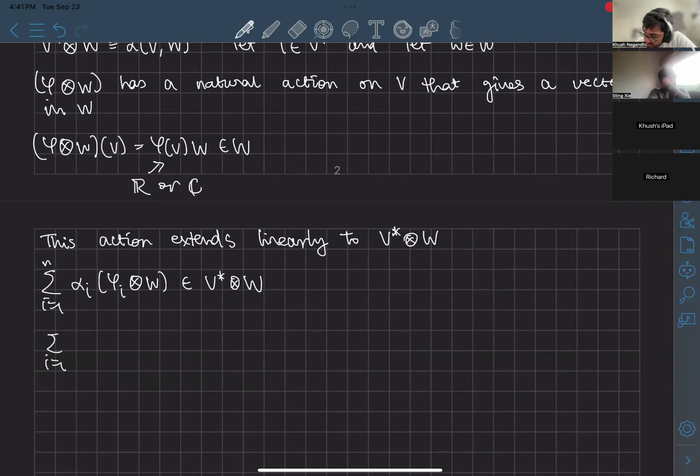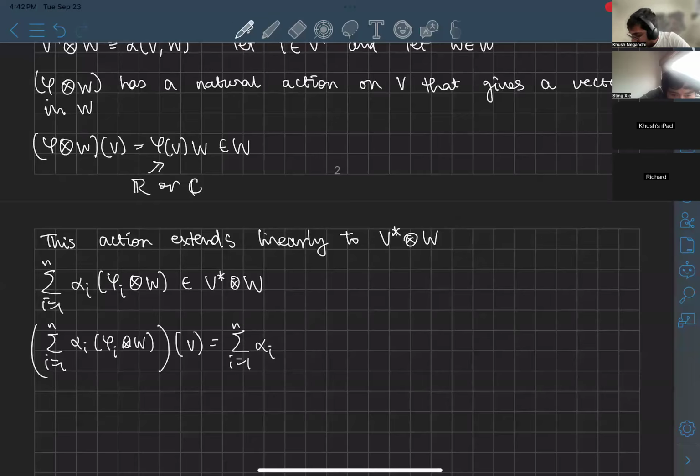Then we give it a vector in V, and since we want this to be linear, we extend everything linearly, and we're left with phi i of v times w i. This makes sense because phi i of v is just a member of your field F. You multiply it by w i, and then add all of them up together. So the action extends linearly.